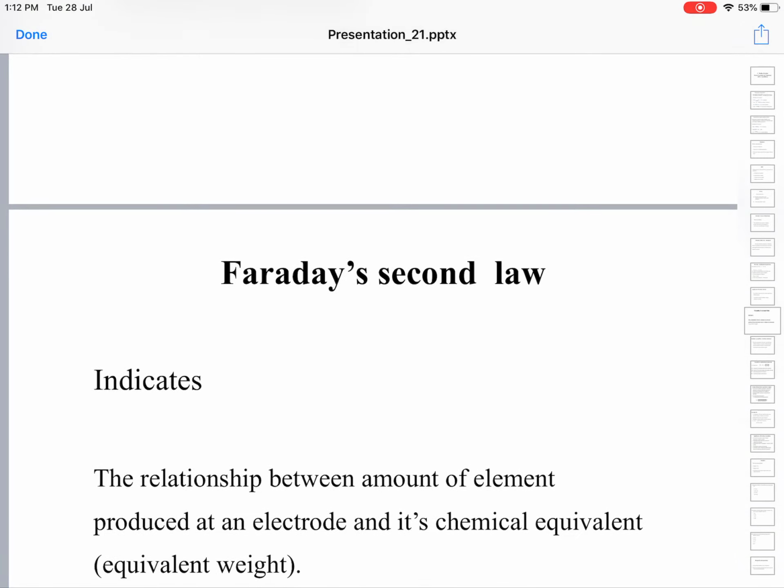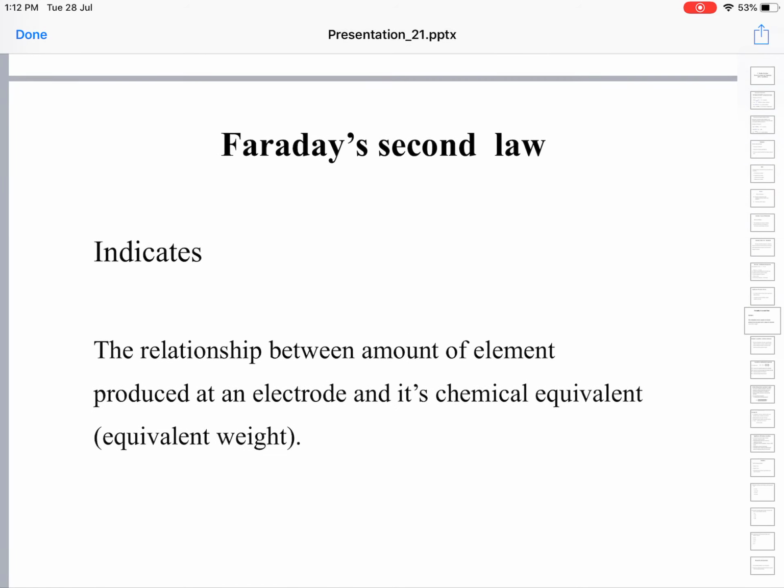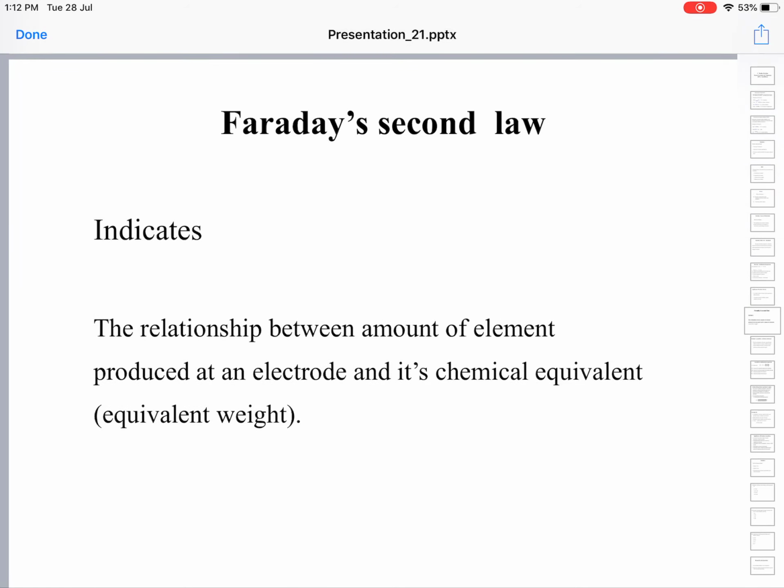Next, we will move on to Faraday's second law. So, what has Faraday done from his experiments? He established Faraday's first law, which tells the relationship between the quantity of electricity passed and amount of substance deposited or liberated at the electrode.